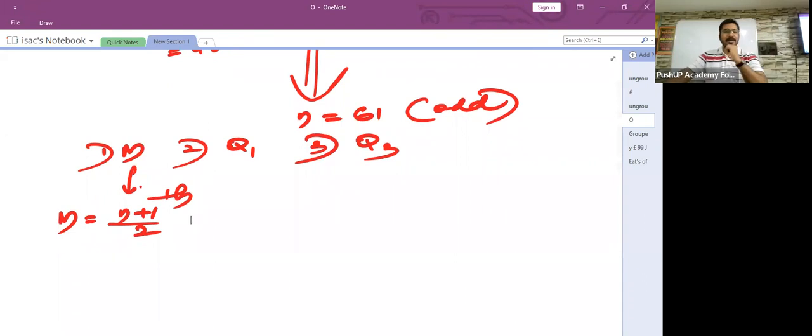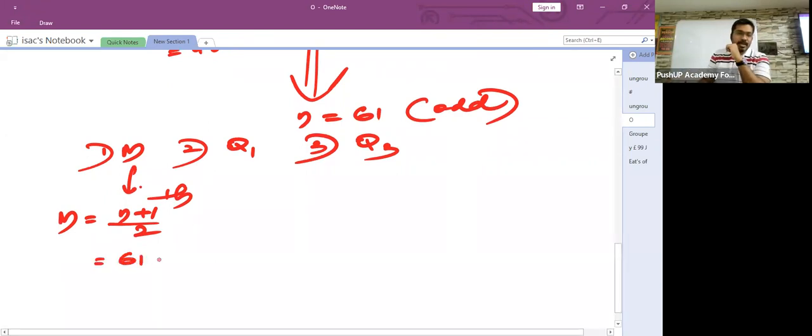Okay, please make a note of this. So that will be (61 plus 1) divided by 2 th term. 62 by 2 is how much? 31, right? So it would be the 31st term.